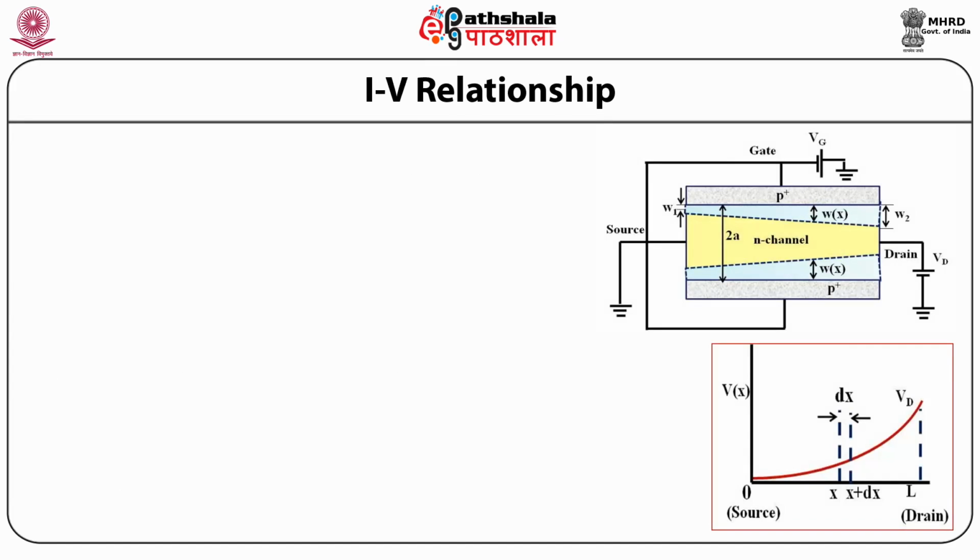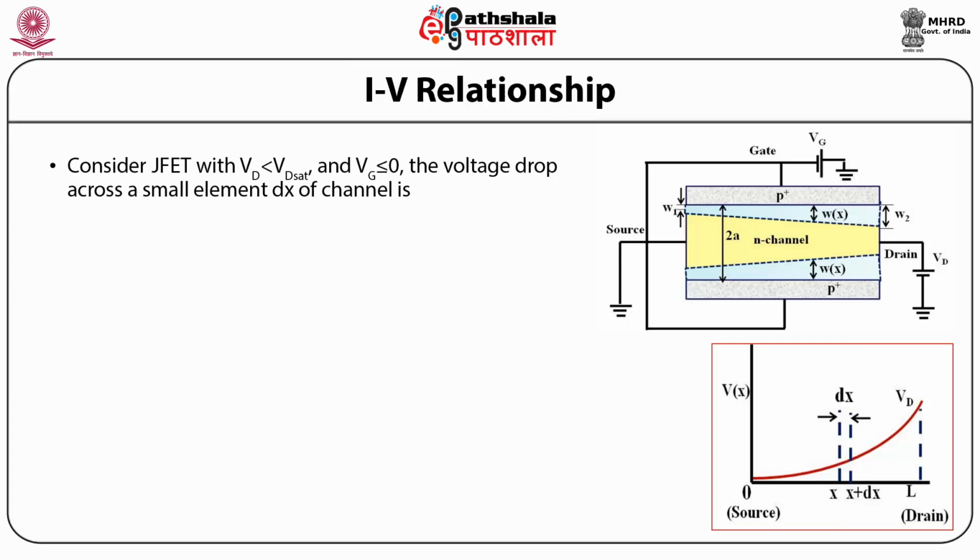So here we will be deriving the IV relationship for a junction field effect transistor. So consider a JFET with VD less than VD saturation or VP and some VG applied, that is VG is less than or equal to 0.